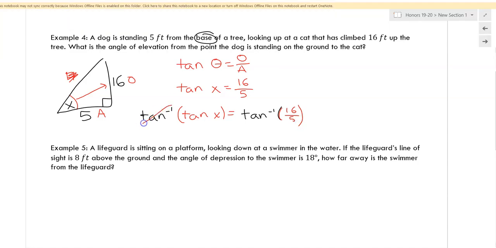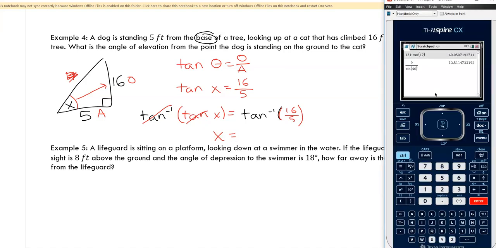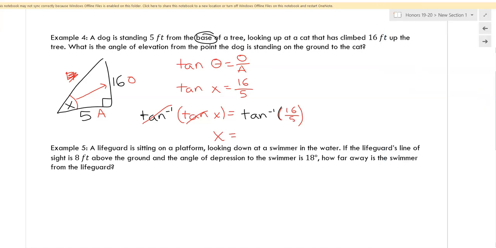So our tangents cancel, and we're left with X equals, and I'm going to type that in my calculator. Right, the inverse tangent of 16 divided by 5, and we're going to round it to about 73 degrees.